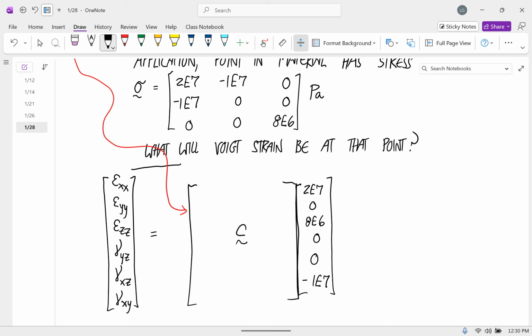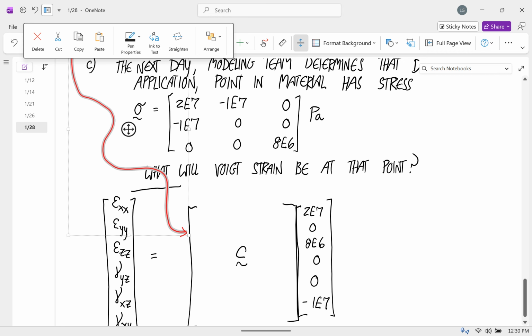And you have to remember to make these units match. So when you're using the compliance or the stiffness matrix, I would just recommend always putting it in SI units. Okay, like if you leave the compliance matrix in gigapascals and you put your stress in pascals, nothing is going to be right. Okay.